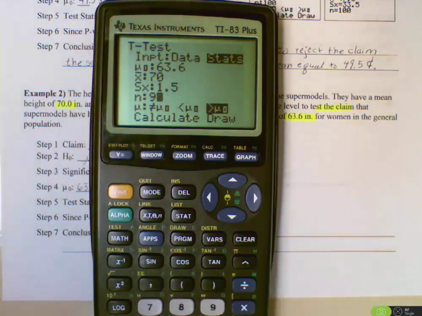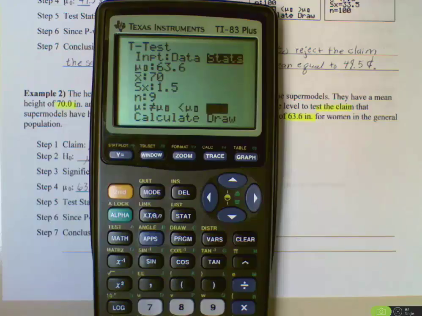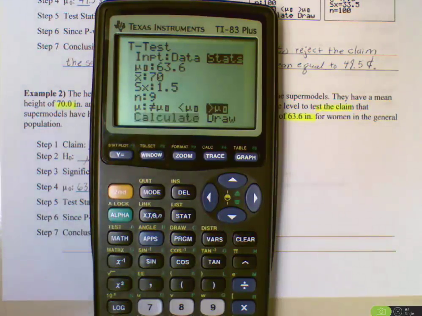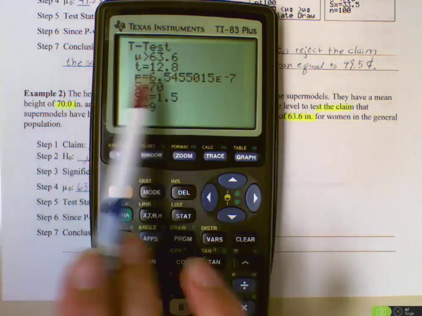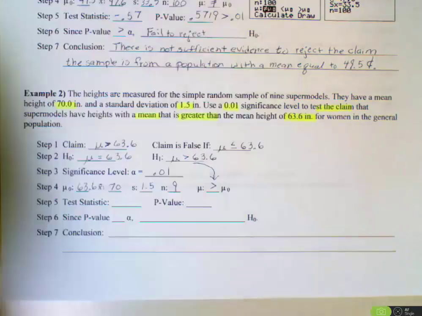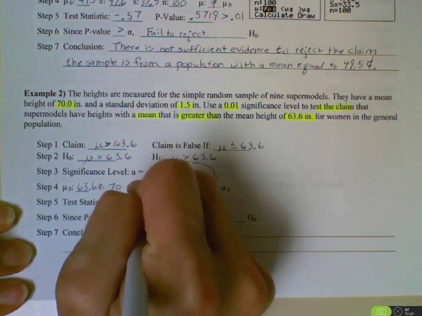That was for 9 supermodels, and I am conducting a right tail test. So move the cursor down to calculate and enter. Here's my alternate hypothesis. Mu is greater than 63.6. My test statistic is t equals 12.8.